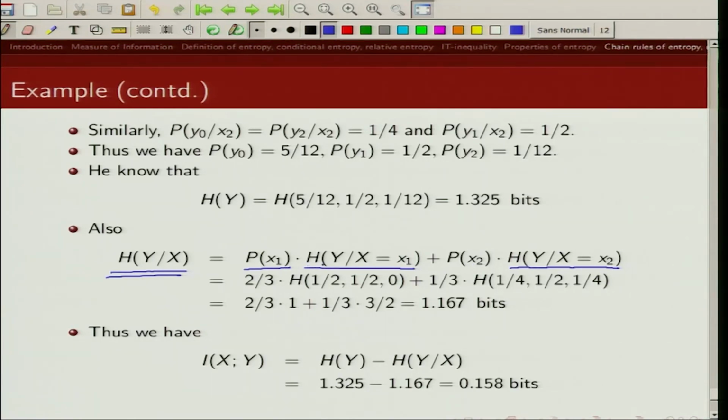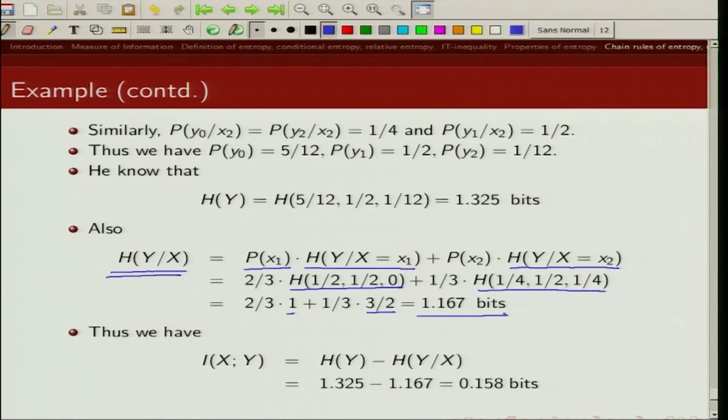In a similar fashion, we can find the entropy of y given x1, which is basically minus half log of half, and the uncertainty in y given x2 is minus 1 by 4 log of 1 by 4, plus minus half log of half, and minus 1 by 4 log of 1 by 4. This is just following the definition of entropy. If we do that, this term comes out to be 1 and this term comes out to be 3 by 2.